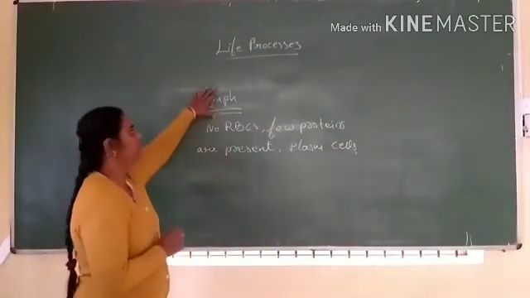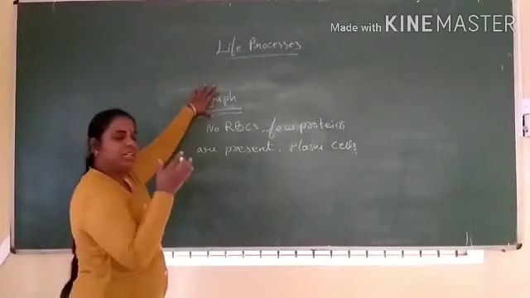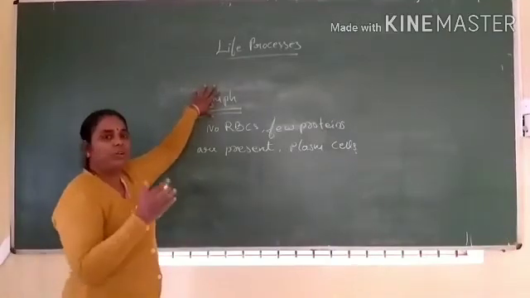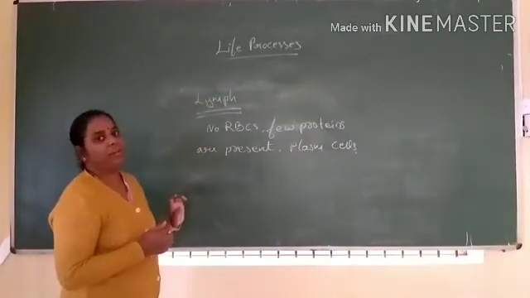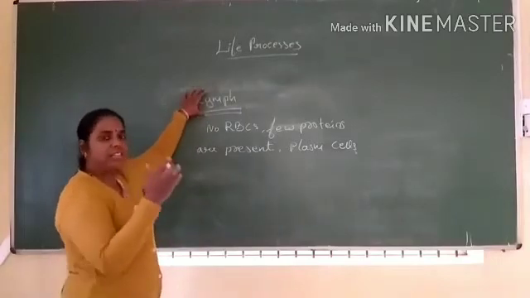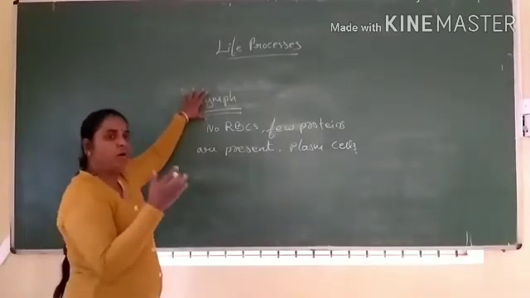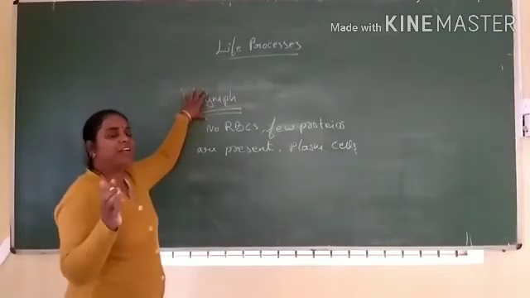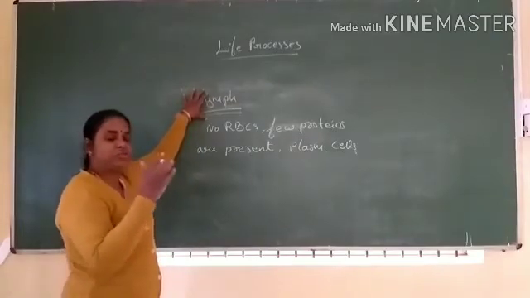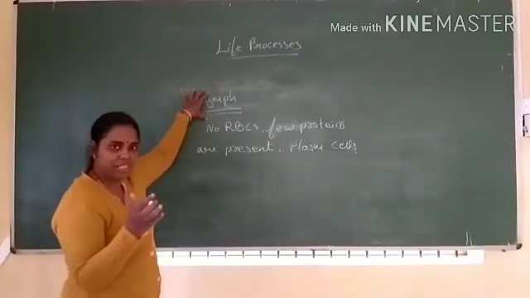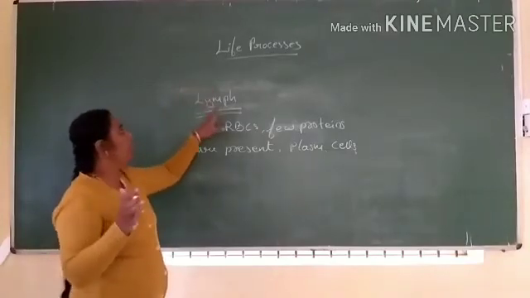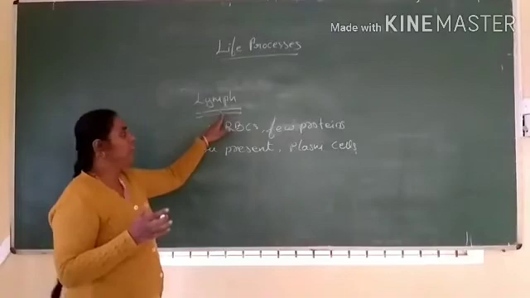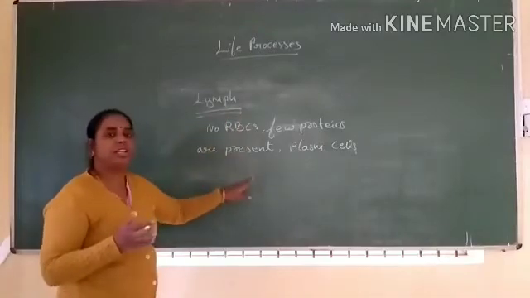This lymph flows in another set of capillaries, which we call lymph capillaries. When it flows in the intercellular space, it drains all the fats, digested fat molecules and the materials which are present in the intercellular space. They are all drained along with this lymph, and the lymph further flows in the lymph capillaries.